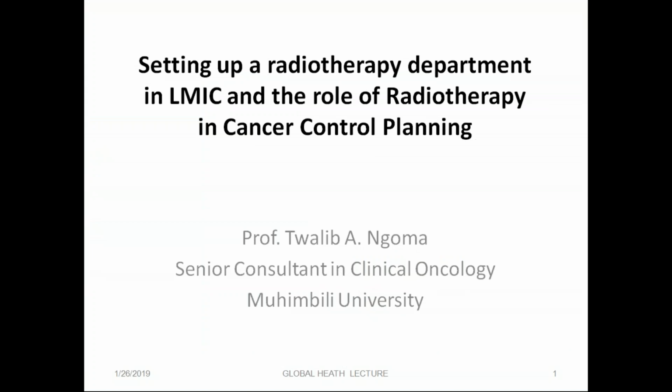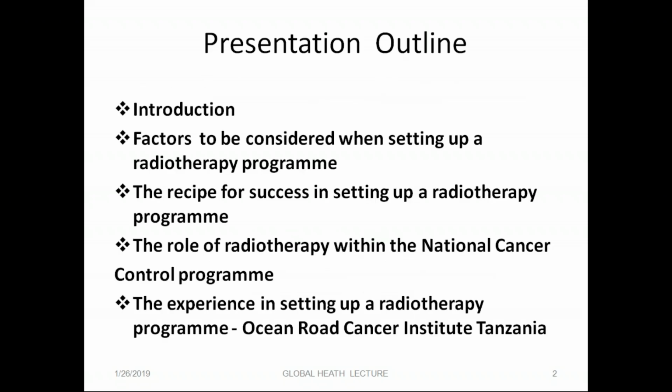Yeah. Great. So I'm going to talk about setting up a radiotherapy department in a low middle income country and the role of radiotherapy in cancer control planning. My outline presentation will be with an introduction, and then I'll talk about the factors to be considered when setting up a radiotherapy program.